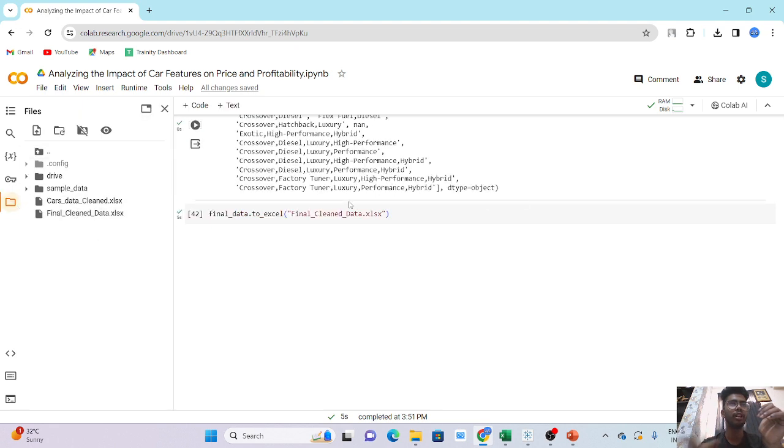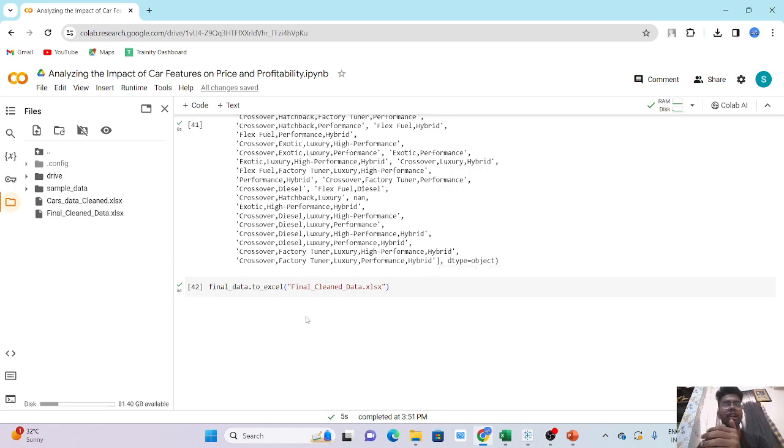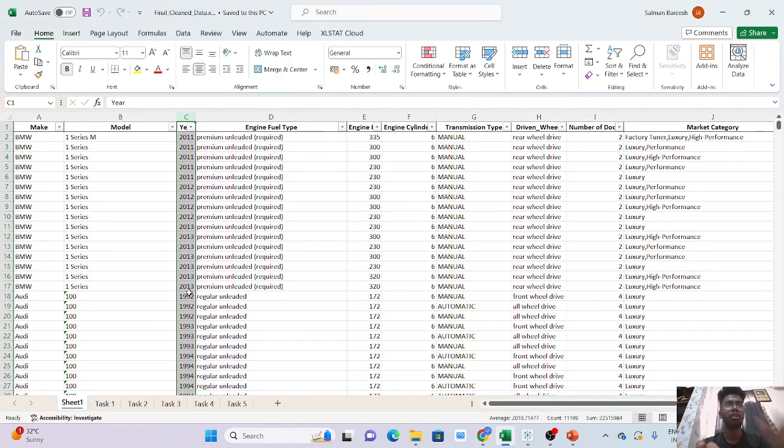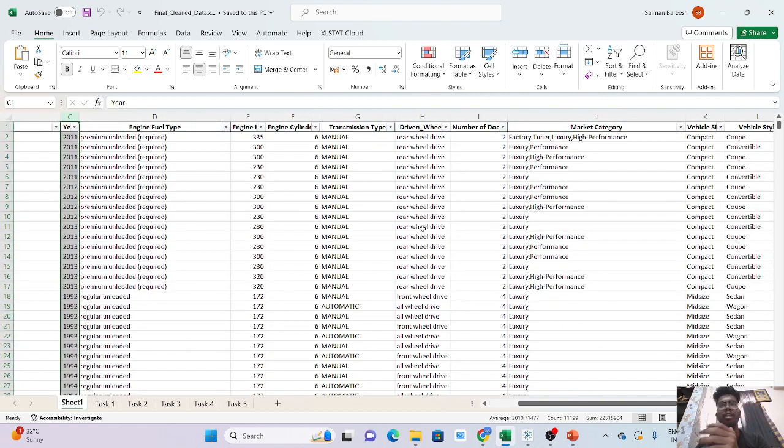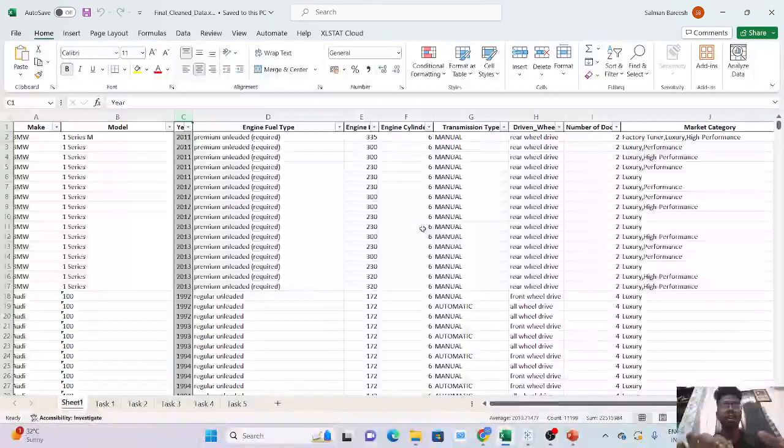You can see this is the file in which we have imputed the values. We removed only two to three rows; the remaining rows we kept as they were. So this is the final data set.